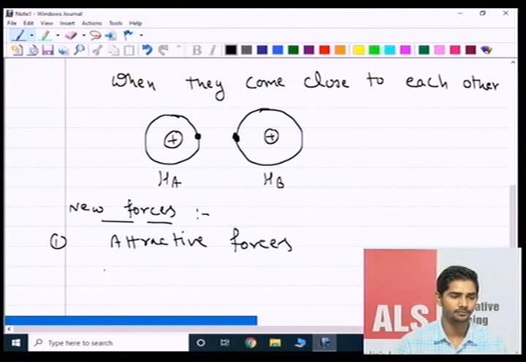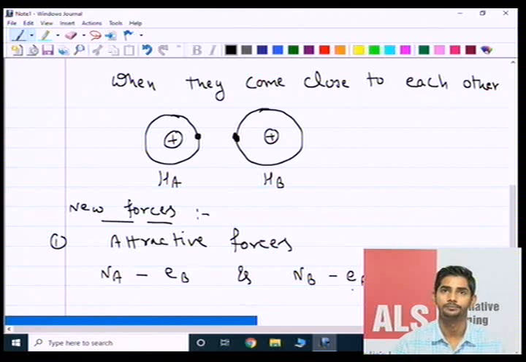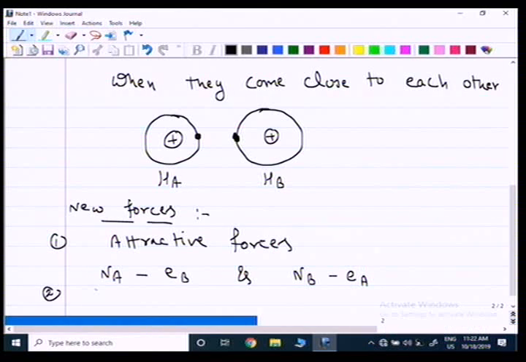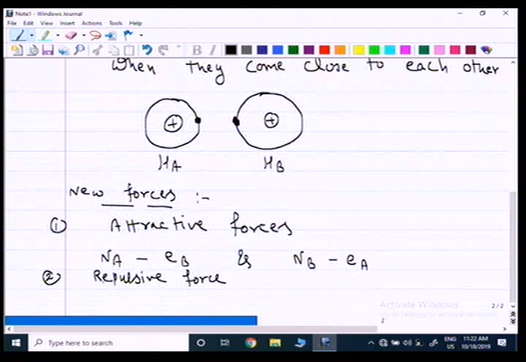Attractive force will be between nucleus of A and electron of B, and nucleus of B and electron of A. If I talk about repulsive force, between nucleus of A and nucleus of B, and electron of A and electron of B. These are, guys, the new attractive and repulsive forces.